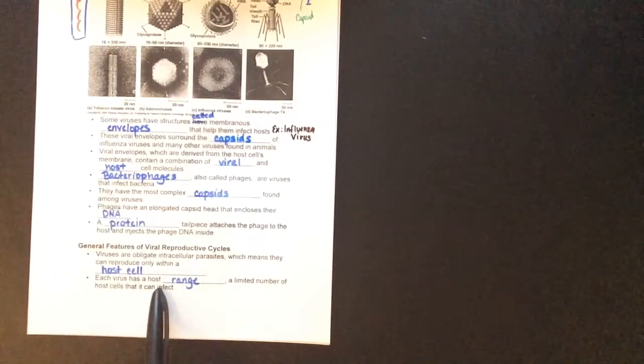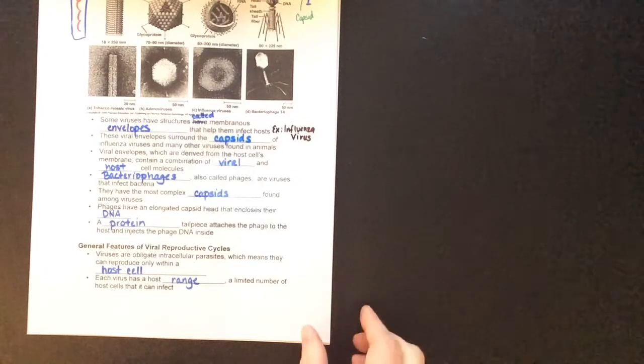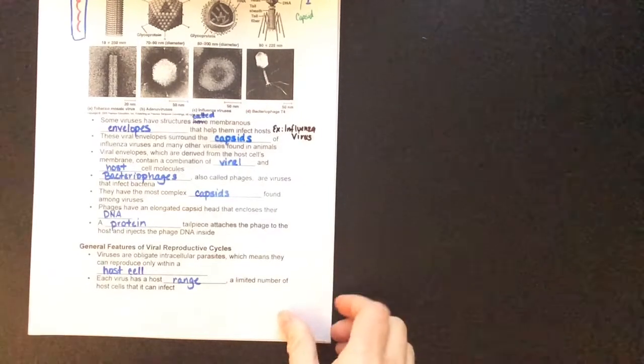Each virus has a host cell range, which is a limited number of host cells that it can infect. Not every virus can infect everything. A virus that infects a specific type of plant may not infect all plants and may not infect any animals. It's very specific in terms of the hosts that it infects.